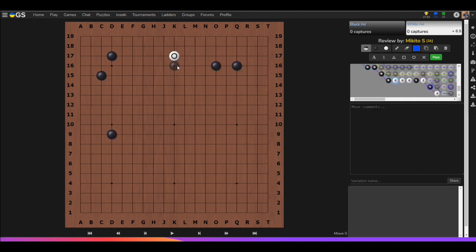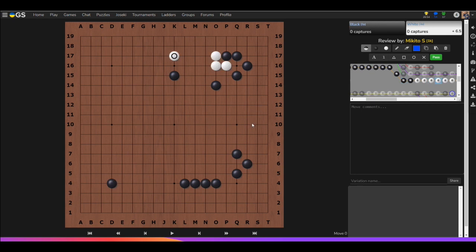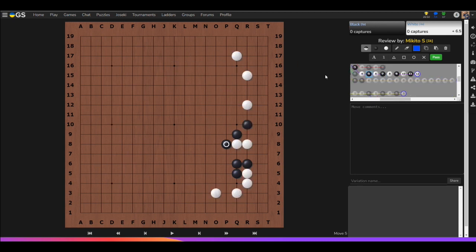When I was a 6Q, I learned a lot of good stuff from the standard patterns. I remember specifically, I don't know where it was. Yeah, here it is. So I remember very specifically learning this, right?